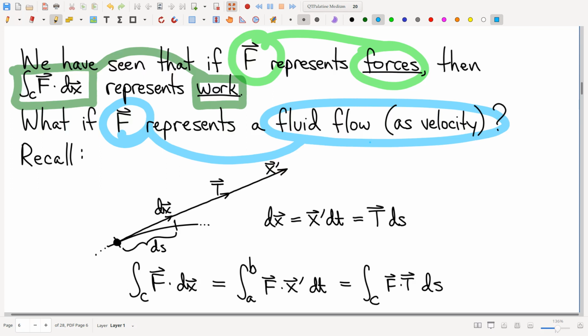Well, if a vector field represents a fluid flow, then it's not a force. That means the vector line integral is not going to represent work anymore, because that assumed the vector field was representing forces. Well, what does a vector line integral represent if the vector field is representing a fluid flow? What's the physical interpretation? Rhetorical question. What is the physical representation of a vector line integral in this new scenario?